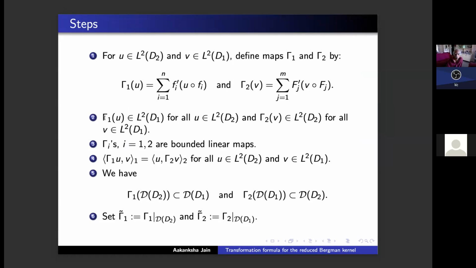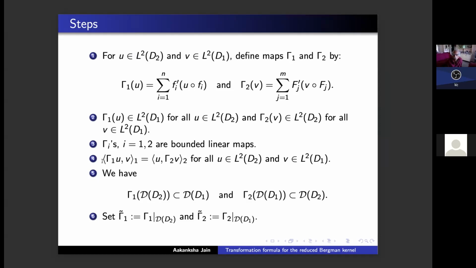So first we show that for every u in L2(D2), gamma 1 of u is in L2(D1), and for every v in L2(D1), gamma 2 of v is in L2(D2). So these are well-defined maps between the corresponding L2 spaces, and in fact these are bounded linear maps.